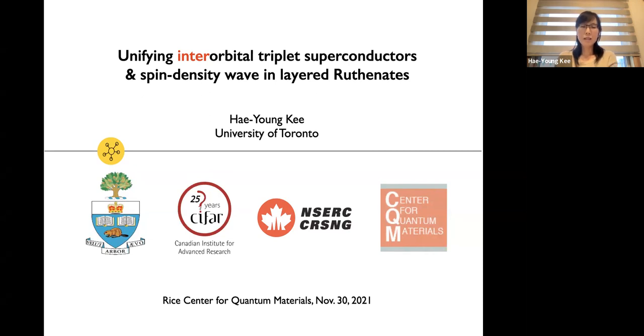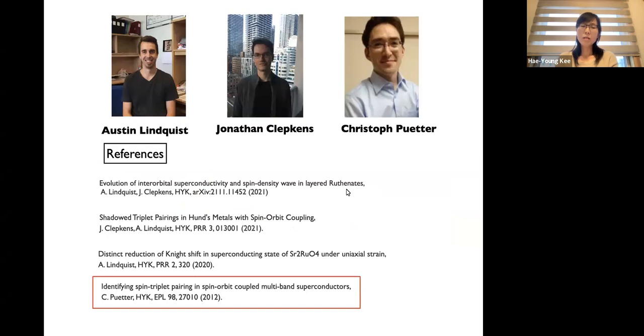So my title is, as written here, we try to understand the inter-orbital, well, actually, superconductivity in a single layer 214, to a field-induced spin density wave in the bilayer 327. Okay, so this is the reference of the few works that we did.